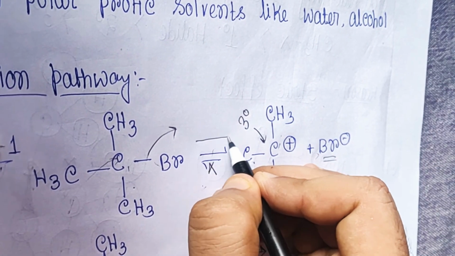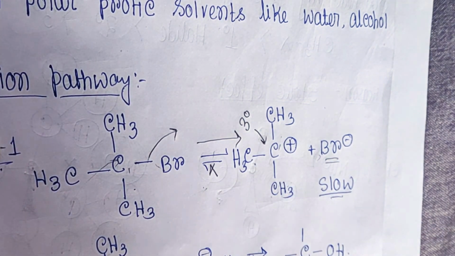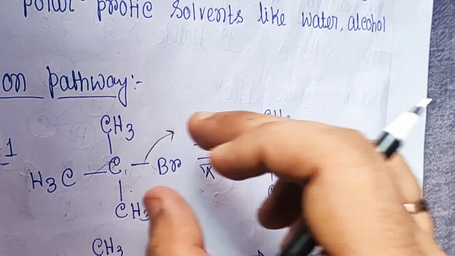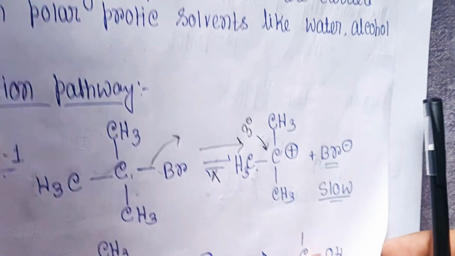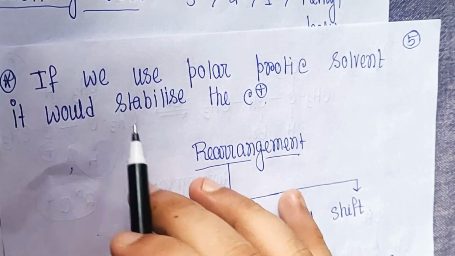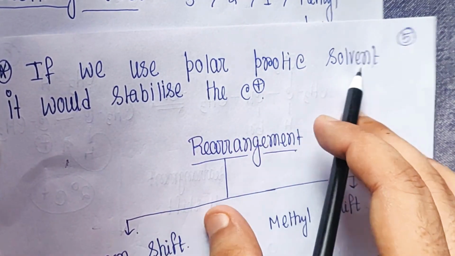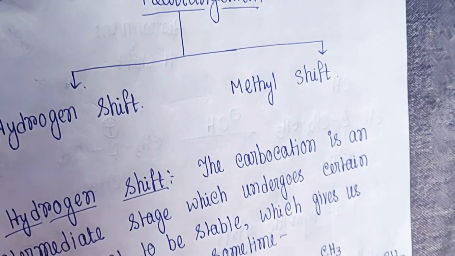So this process would be unidirectional. Okay. As we are stabilizing this part, this reaction would proceed further. So we would get our product, right? So after that, like I have written it here, if we use a polar protic solvent, it would stabilize the carbocation, right?